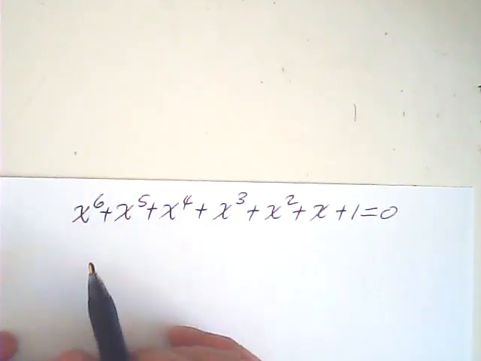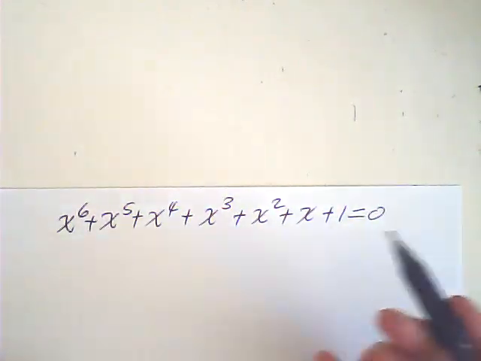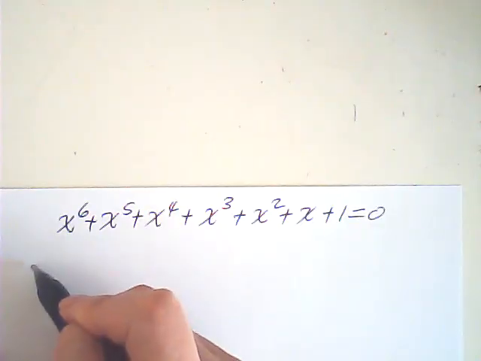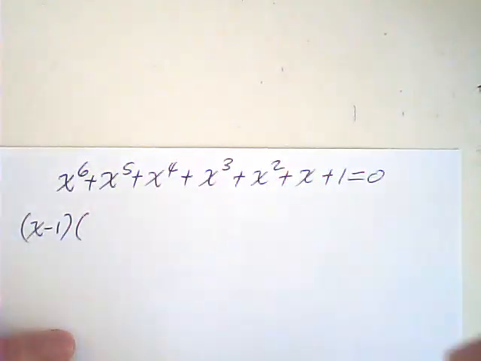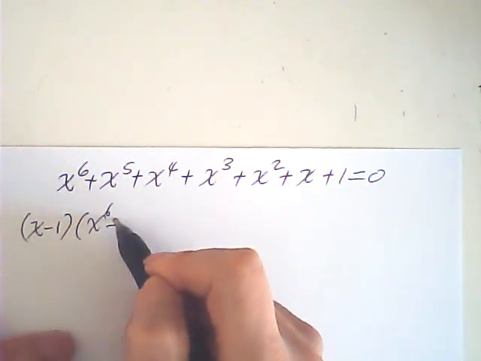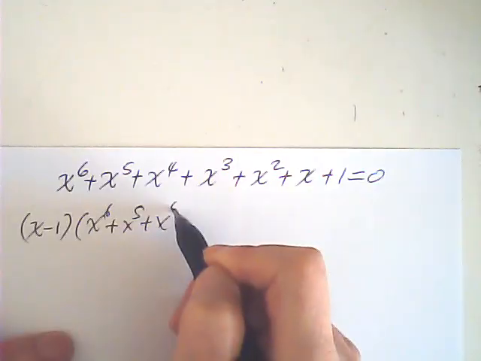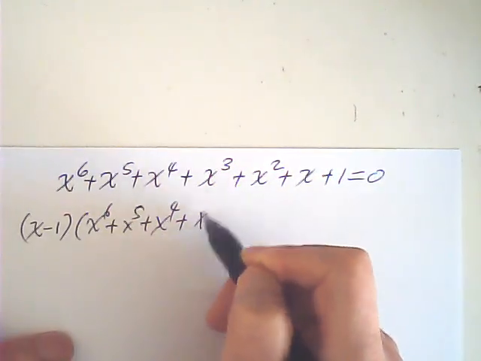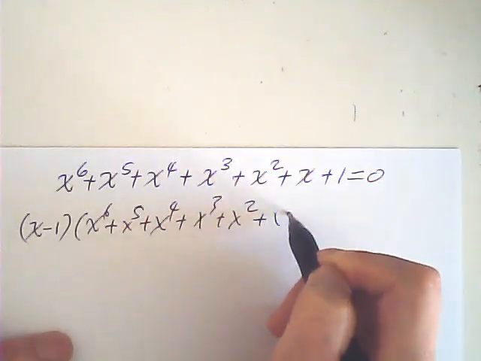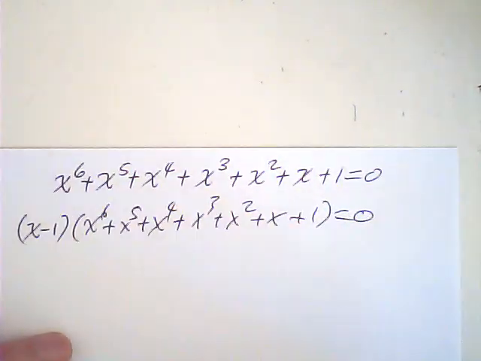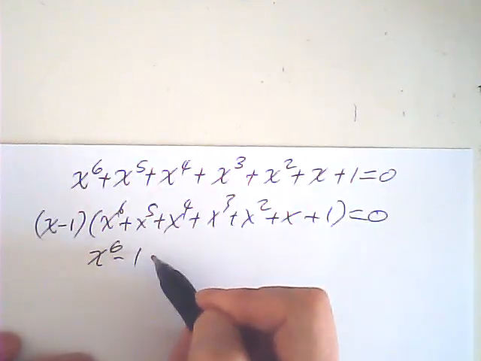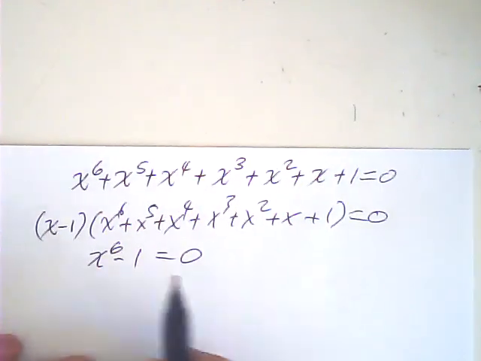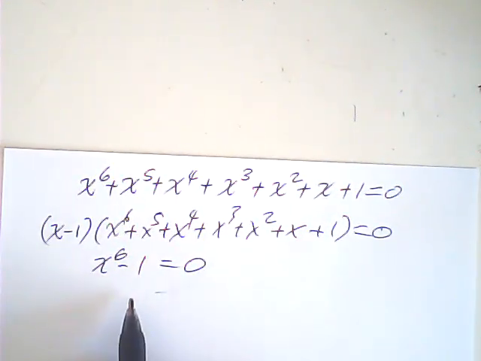We want to solve this equation. Very easy. Well, this one is equal to x minus 1 multiplied by x to the sixth, x to the fifth, 4, 3, 2, 1, and this equation is x to the seventh minus 1 equal to 0. So this equation has 6 roots.